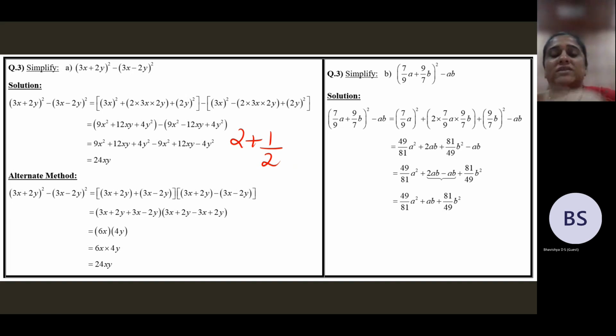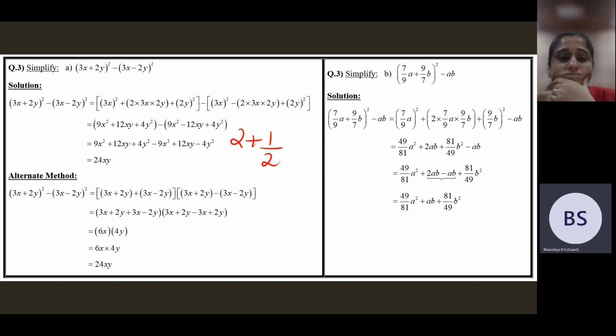You have 2 chocolates, another half chocolate. What is 2 plus 1 by 2? 2.5 chocolates, ma'am. What's the improper fraction?